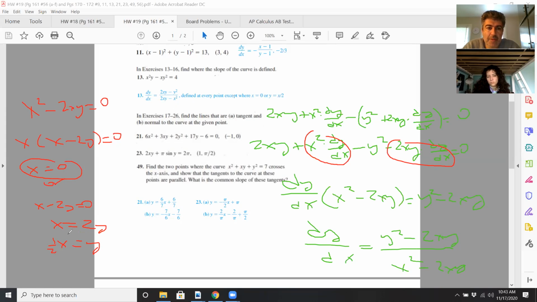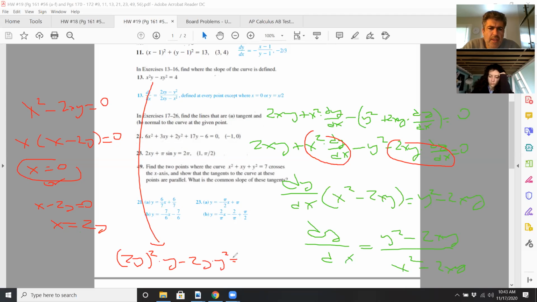And if you want to find a specific point, I actually probably would keep it as x equals 2y and substitute that in. So it'd be 2y squared times y minus 2y times y squared equals 4.